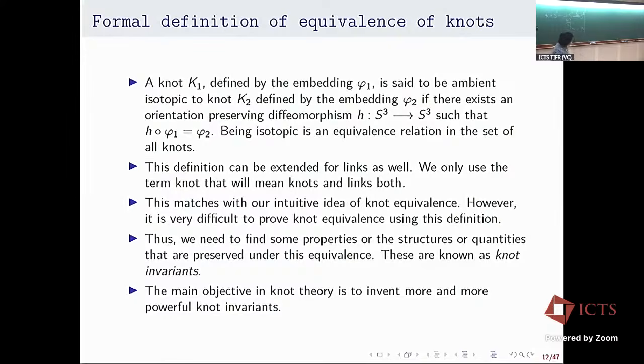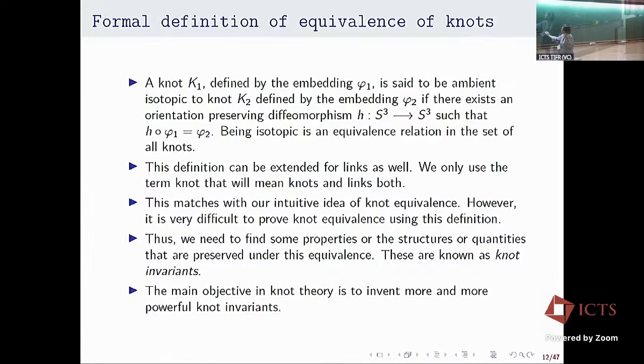It is very difficult to use this definition, to find such an h such that if I compose the first with it, I get the other. From the definition, it is certainly very hard. So what knot theorists do is associate some quantities or properties or structures, a lot of things.